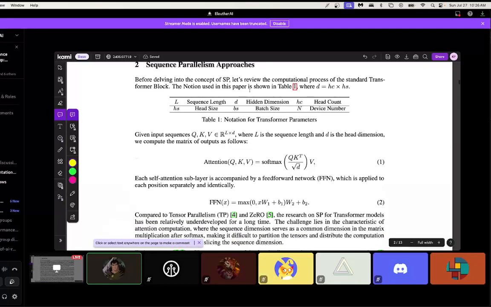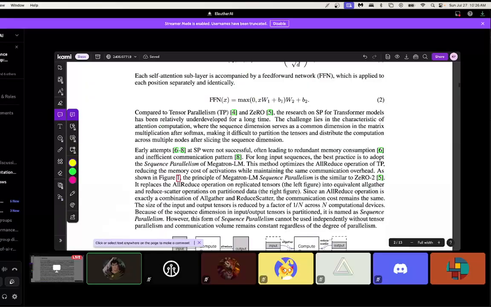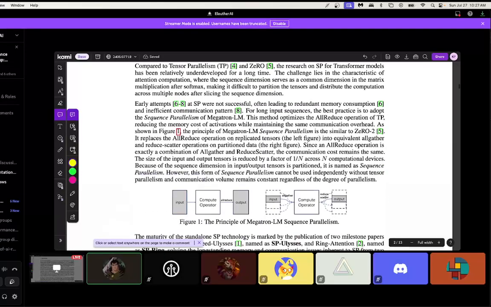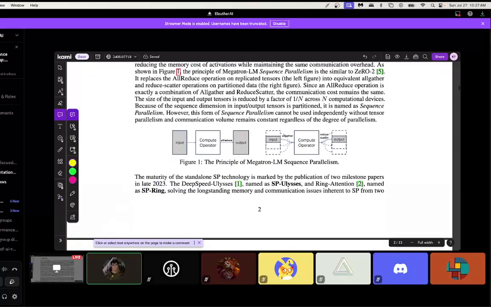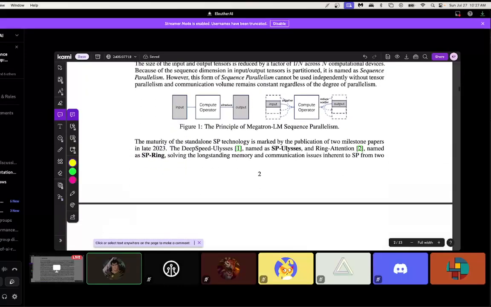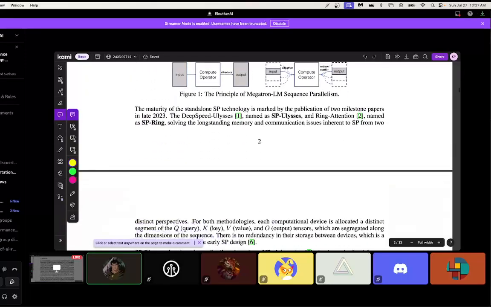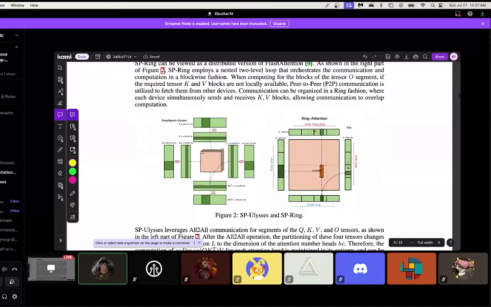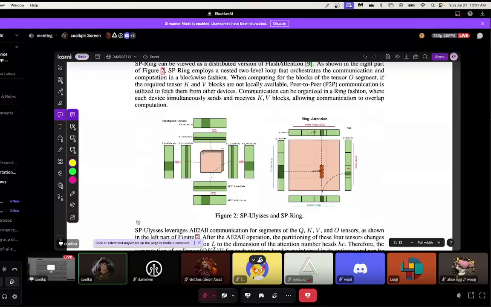This just covers basically the comms used in sequence parallelism, and the sharding, that is the local shapes for the QKV in the attention op. Yeah, and this diagram is a good summary. As I already explained before, we looked at this Ulysses diagram earlier, right?